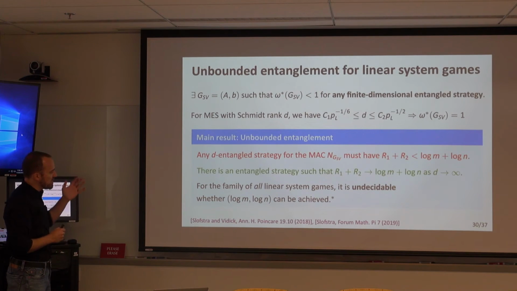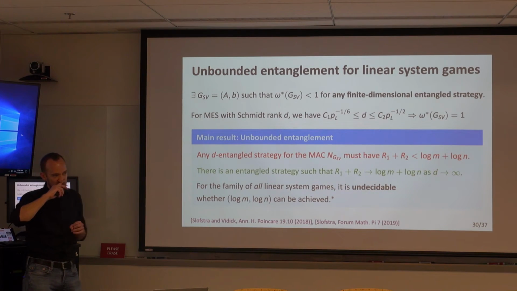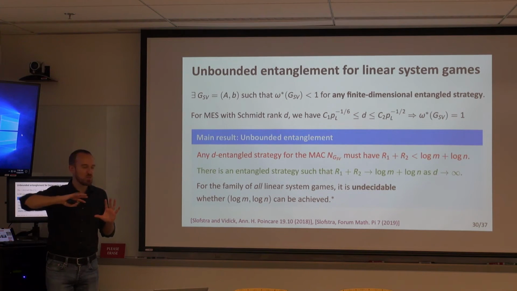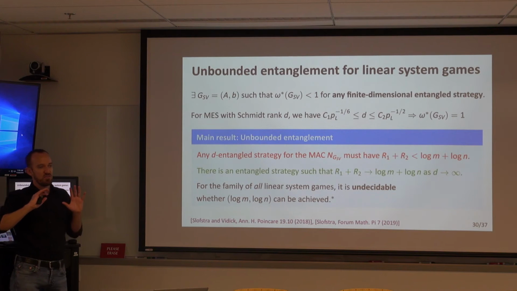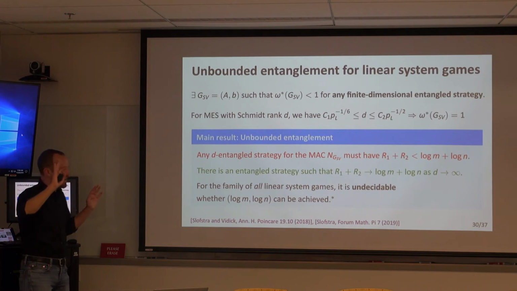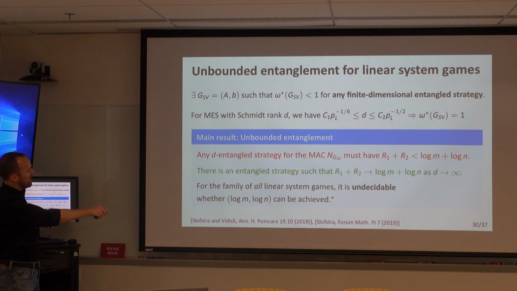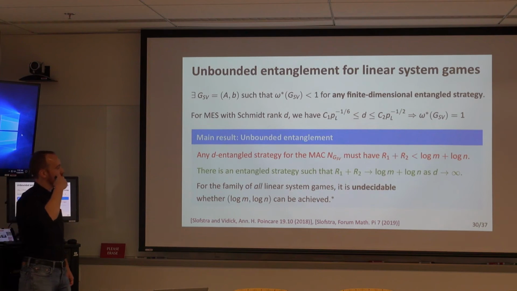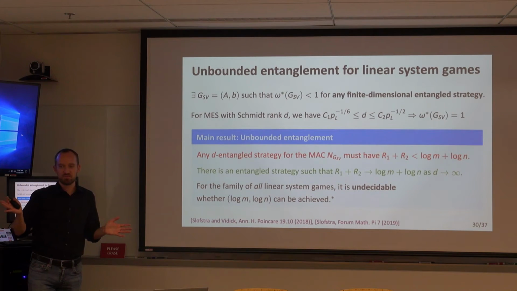And then another curious thing is that Slofstra in his breakthrough paper showed that if you consider all the linear system games, so here I've been talking about a specific one that Wiegand and Slofstra found using fancy approximative representation theory, but if you just consider all the linear system games, then it's undecidable to determine whether the game can be won using a finite dimensional strategy.